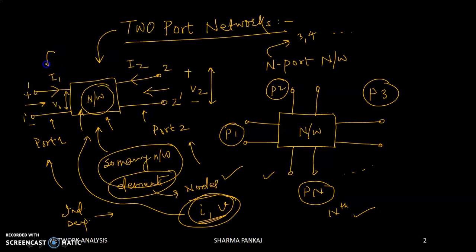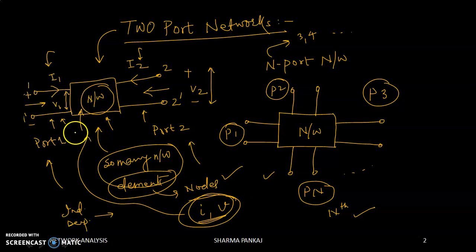This is the current defined at port number 1, that is I1. This is the current defined at port number 2. See the nature: 1 is entering and 2 is also entering. See the nature of voltage: plus minus V1, and plus minus V2. This is the basic definition of a two-port network.